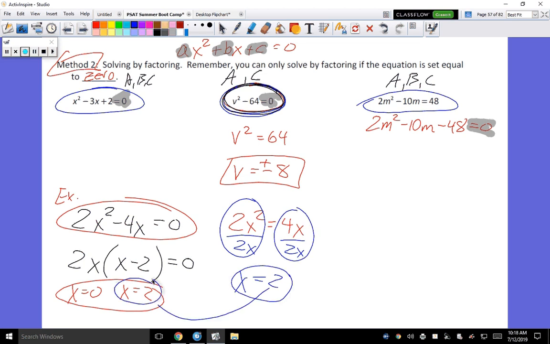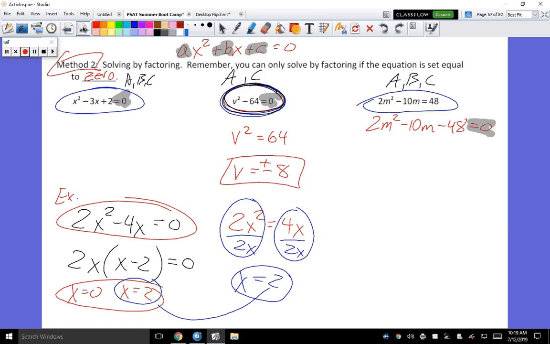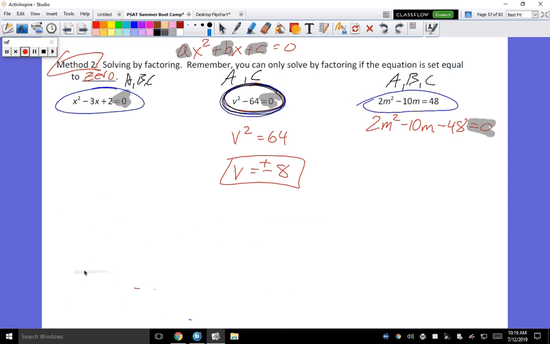Get this. They got half of their answers. They didn't get both of them. Just like over here on this slide, if you don't remember the plus or minus, you're only going to get half of your answers. Okay? So please be aware of that. Make sure that you know that the A and B are the only ones required for you to set equal to 0. Alright, so let's go ahead and factor this one.